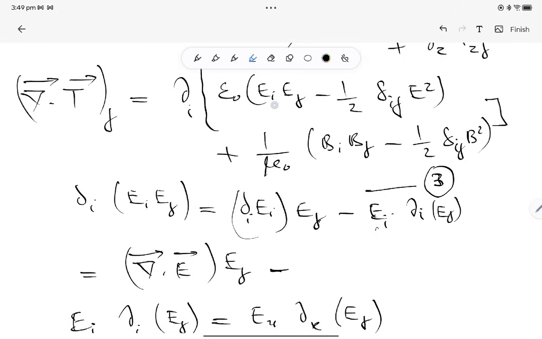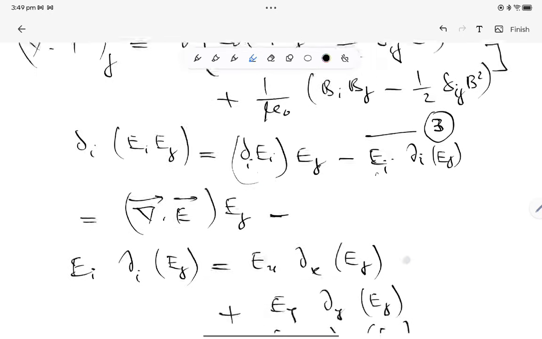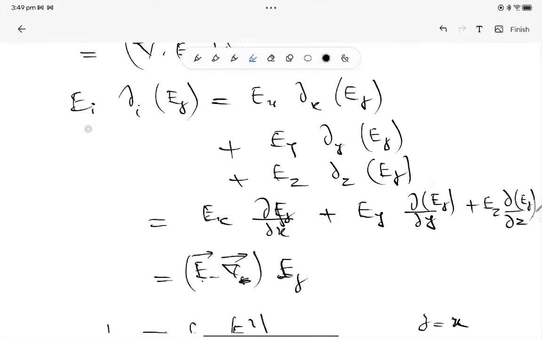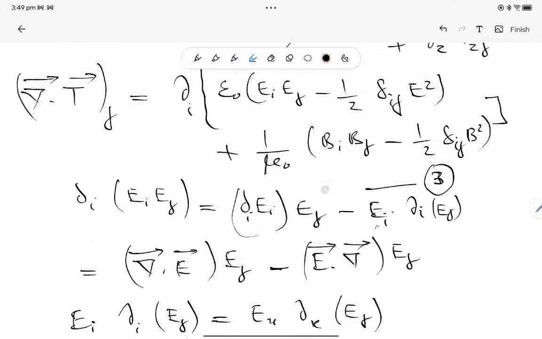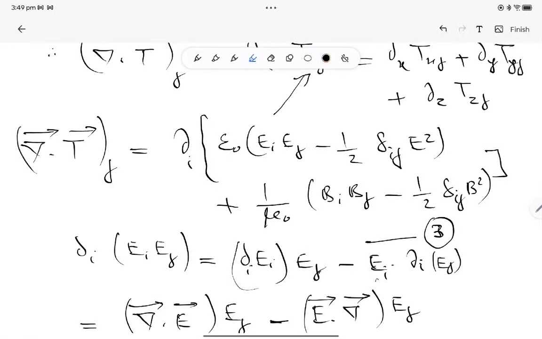From this we got this and this. Value of this was this, but value of this I have not written here. It is e dot del e j. And then the value of this we have determined.